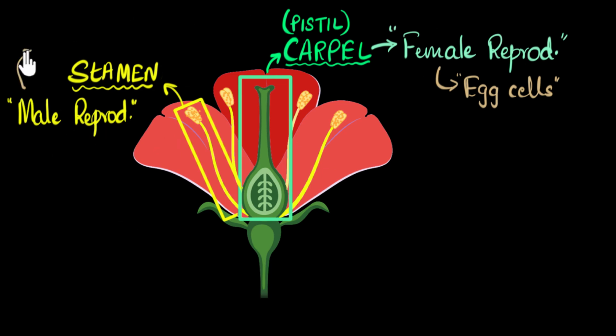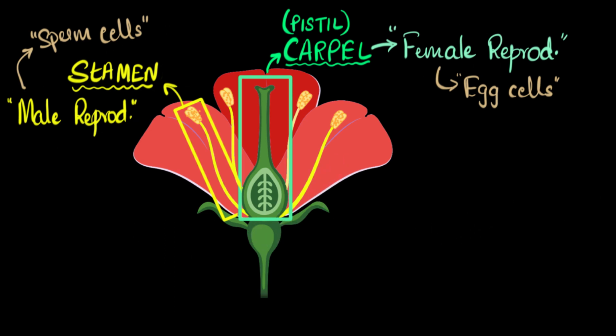Well, because it is where the sperm cells are made. Again, just like in animals, the reproductive part that creates the sperm cells, we call the male reproductive part. And the whole idea behind sexual reproduction is that the sperm cells need to go and fuse with the egg cells. But we'll have to wait for that action. It's going to happen in the future videos. For now, let's only concentrate on the parts of the flower.